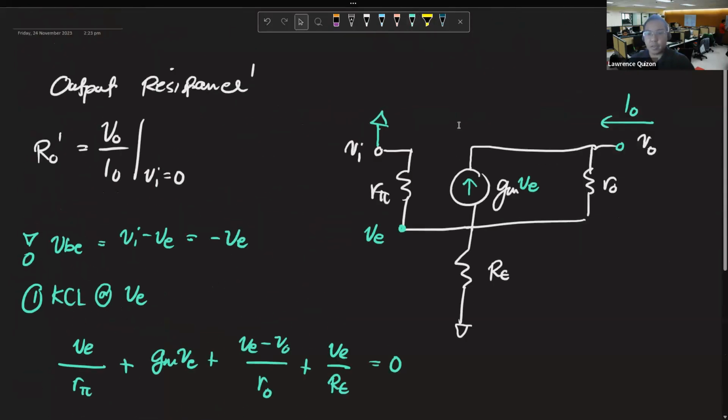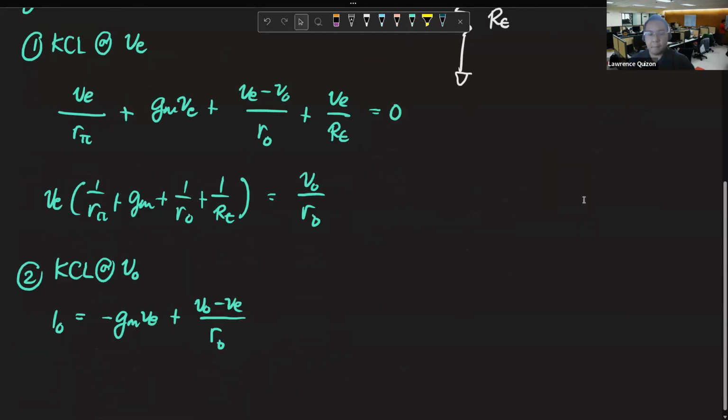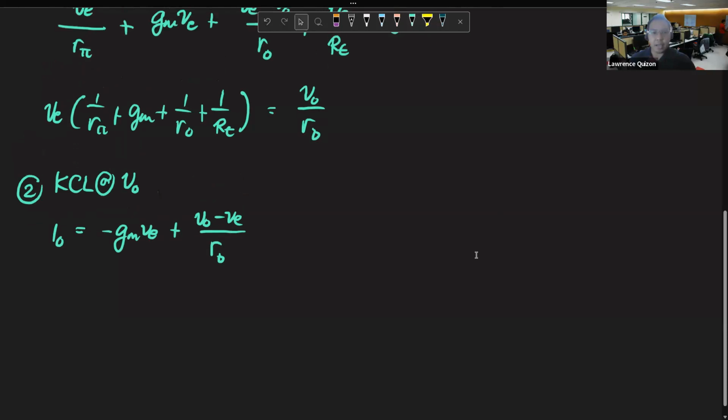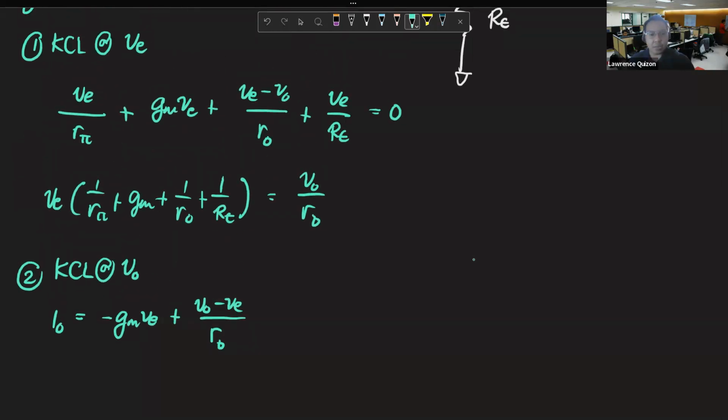So we have two equations, three unknowns. We just have to eliminate VE and we find a relationship between V out and I out. So that's what we want to do.